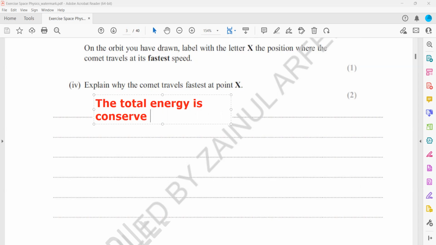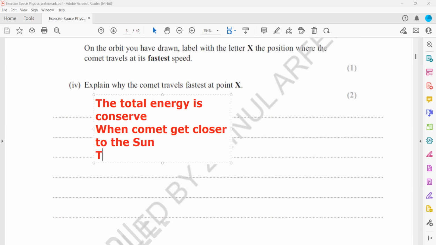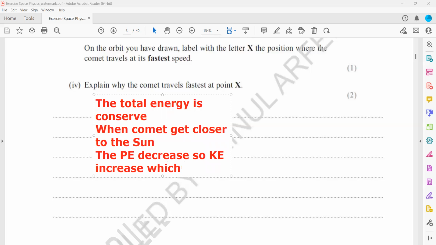So when the comet gets closer to the sun, the potential energy decreases, so kinetic energy increases, which results in an increase of speed. That's why the speed of the comet increases.